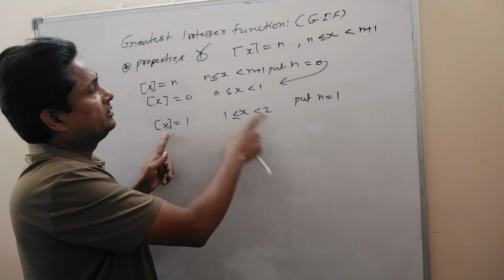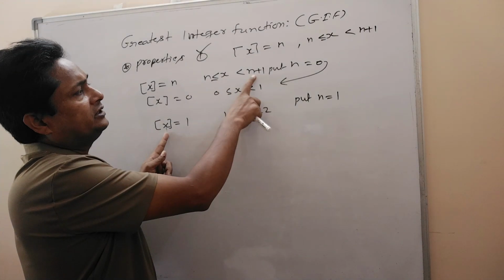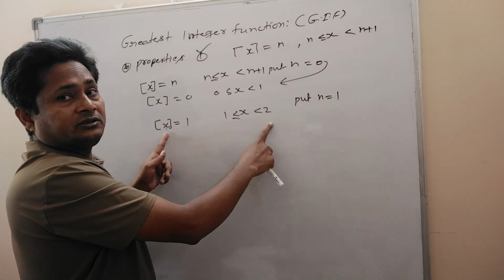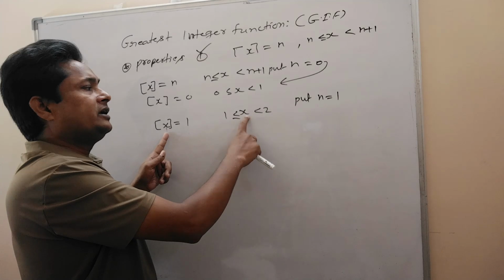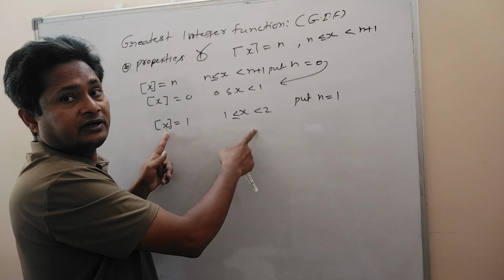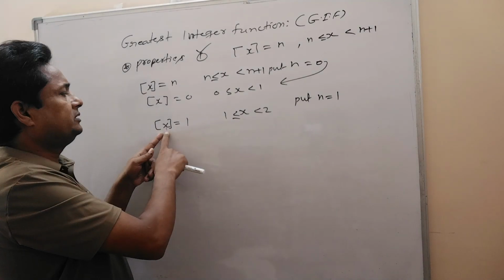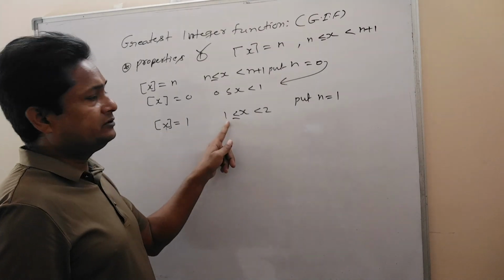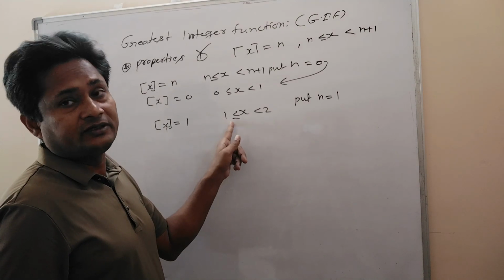1 to 2. If you put n is equal to 1 here, then this equation will be this one. That means if you take any value of x between 1 to 2, including 1, then greatest integer of x will always be 1. It will always give you the left side integer.